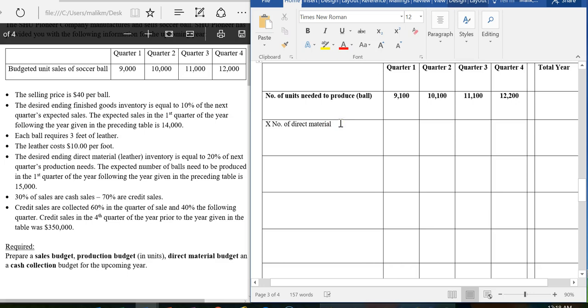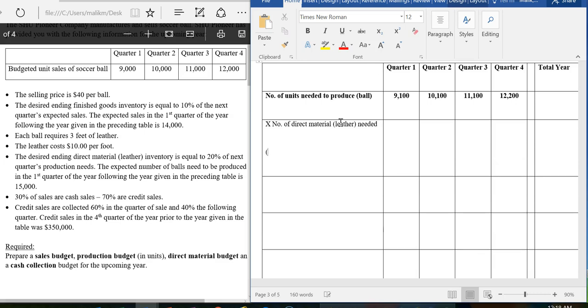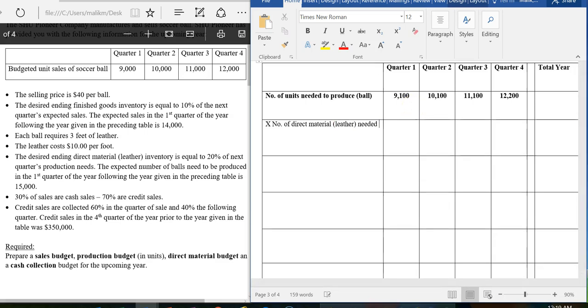So we are multiplying to find the amount of direct material, in this case leather, that we actually need to produce all these balls. It's actually in feet. If you want, you can write it down. Since it will make the table bigger, I'm not writing it down. This is the leather, and from now everything will be in feet.